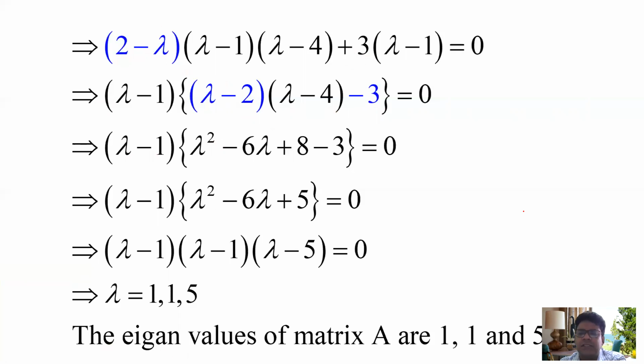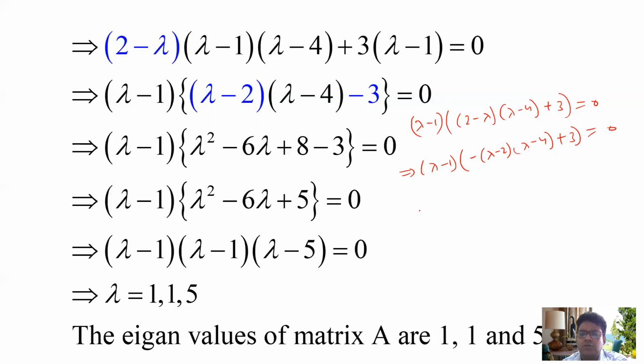Try to understand, it is very easy. We have (lambda minus 1)[(2 minus lambda)(lambda minus 4) plus 3] equals 0. If I write 2 minus lambda as minus of (lambda minus 2), and take the minus common, we get (lambda minus 1)[minus(lambda minus 2)(lambda minus 4) plus 3].